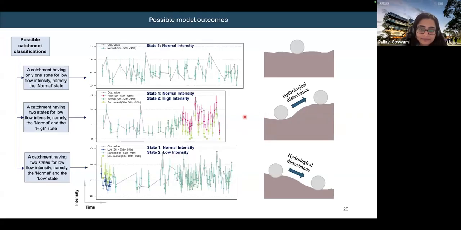And yes, we have not really looked into the physicality of what explains why the states would be changing. But there is some literature that suggests that it has to do with how the groundwater gets disconnected from the base flows because of some hydrological disturbance. So just to keep things simple, but also giving an idea at the same time of what is causing the state change, it is some hydrological disturbance.